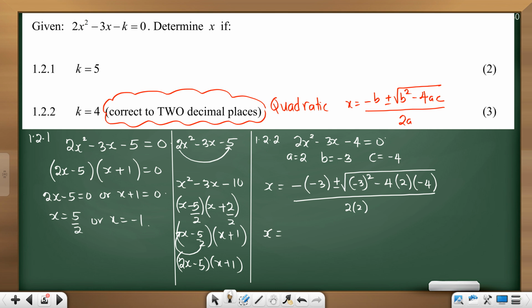Remember, guys, if you are lost, please don't keep quiet. 2.35. Can I have somebody backing that answer up? 2.35, or is it negative 0.85? Somebody backing that answer up?